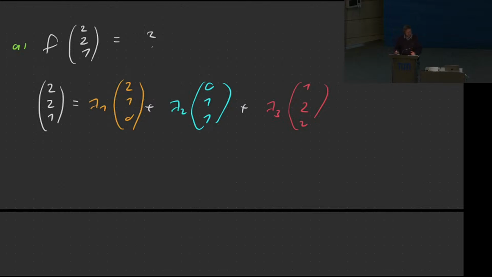In other words, we want to solve a linear system with these three variables here. In this case, it's probably not immediately clear what the solution is, so we'll have to refer to Gaussian elimination. So let's see. Put those here in our matrix, and the right-hand side is the vector 2, 2, 1 that we want to represent.